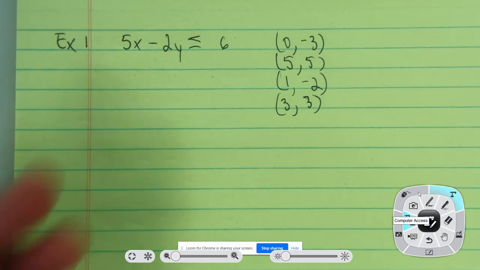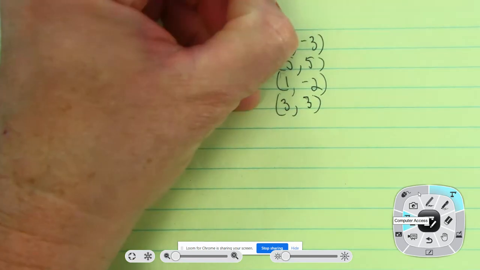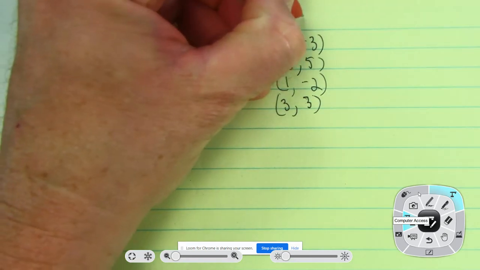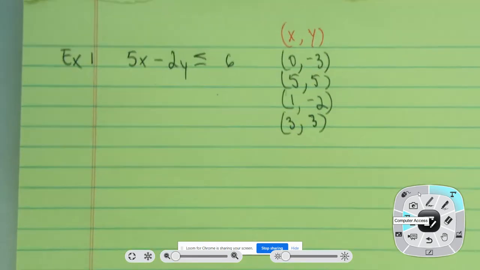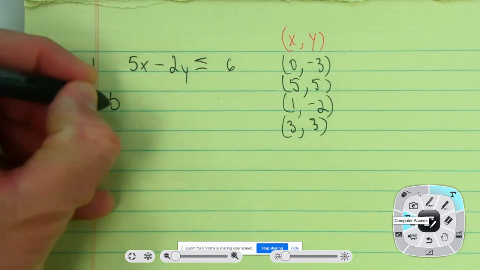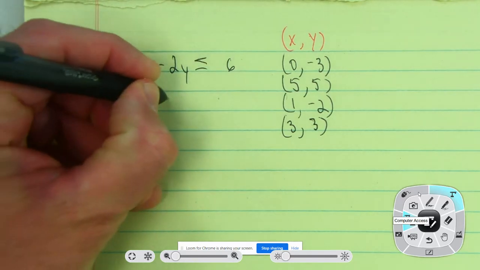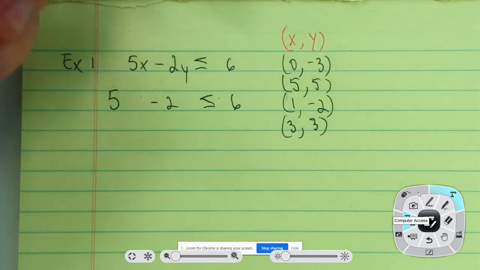I'm going to plug in for x and y these values. Remember that in my ordered pair, x comes first, then y. And so for 5x minus 2y is less than or equal to 6, I'm going to start out by plugging in 0, -3.